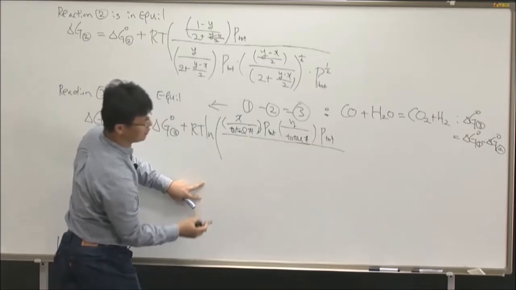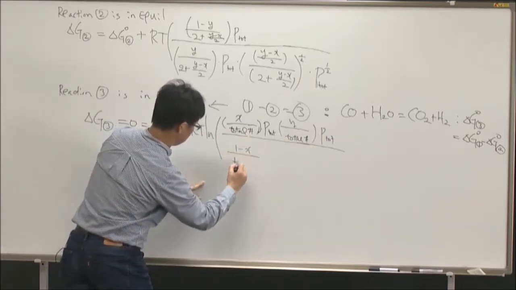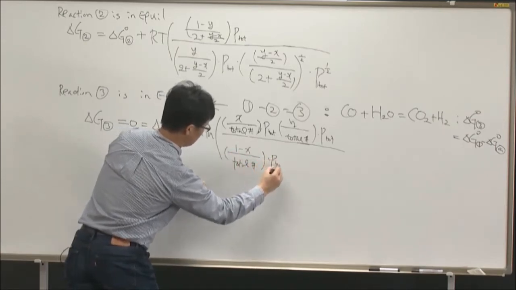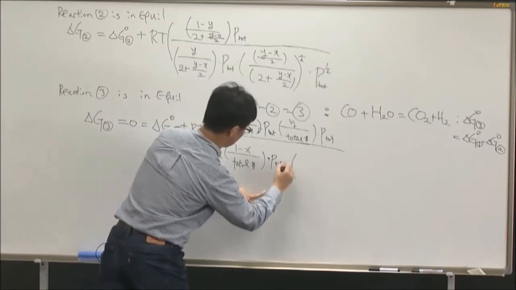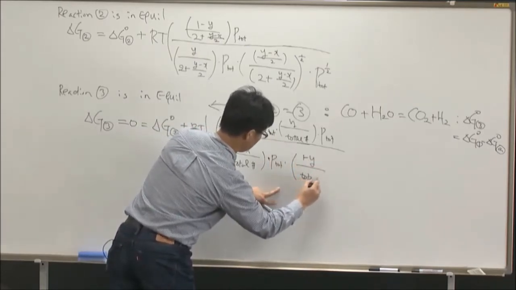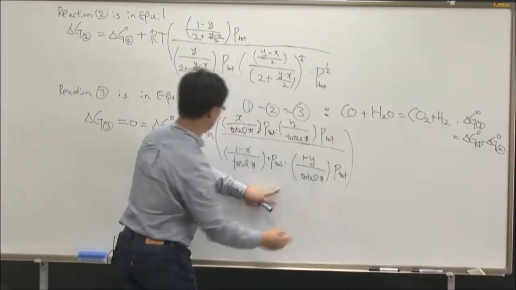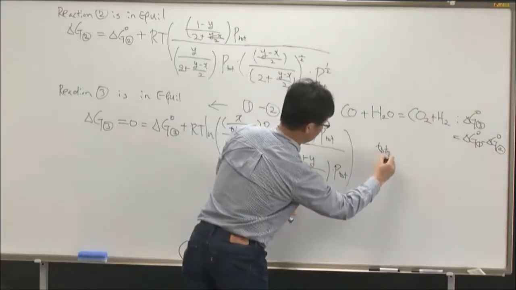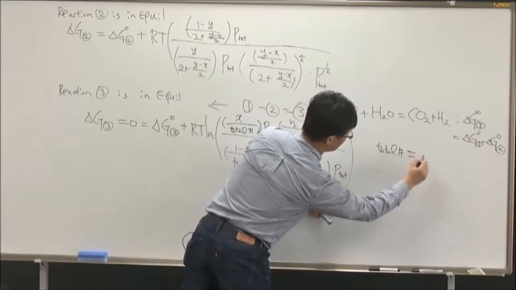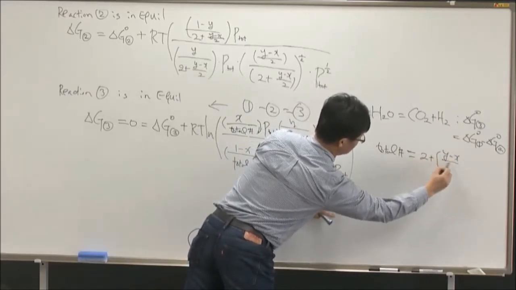And then this one here is 1 minus x minus y, and this one is basically 2 plus y minus x over 2.